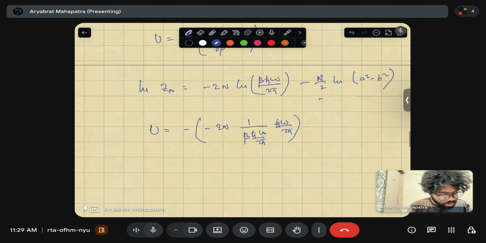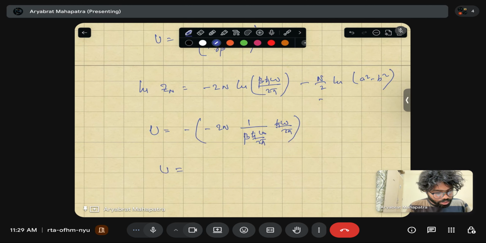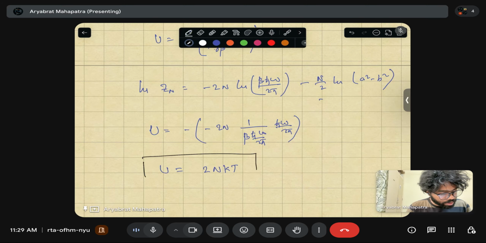So this is simply now U equals 2nkT. Yeah, so this is your internal energy.